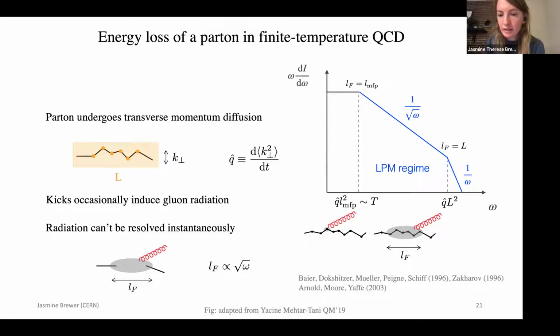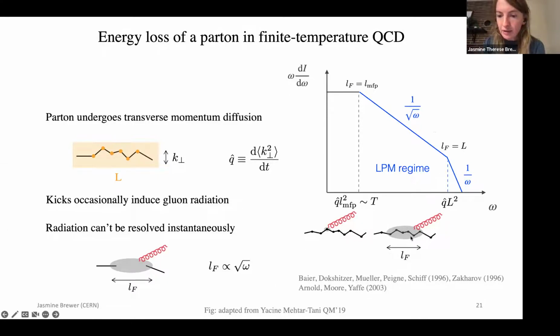Because any of these individual scatterings have relatively low momentum, this produces the relatively low energy gluon part of the spectrum, from each of these individual scatterings.